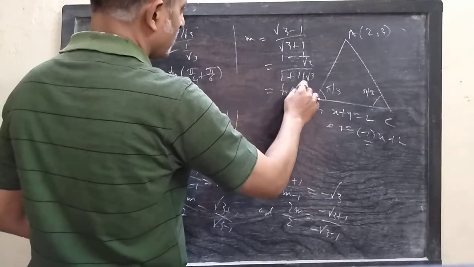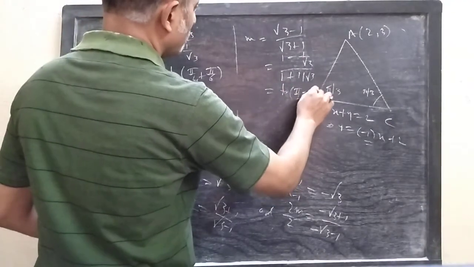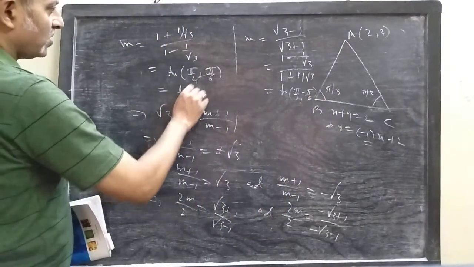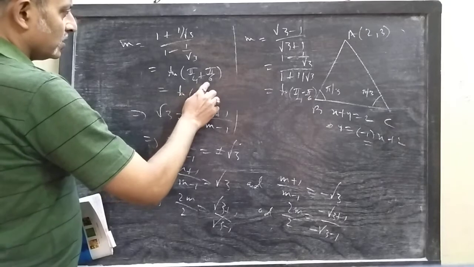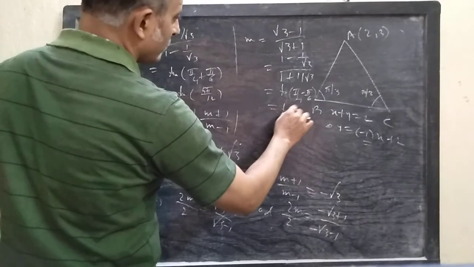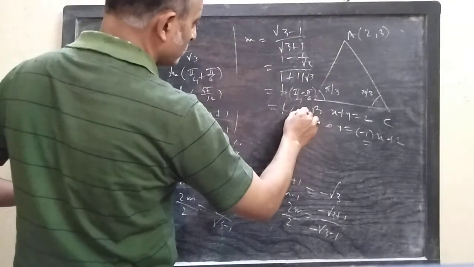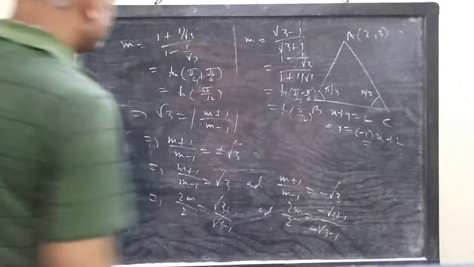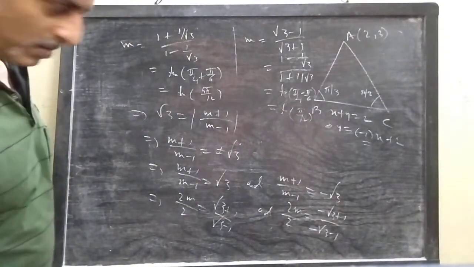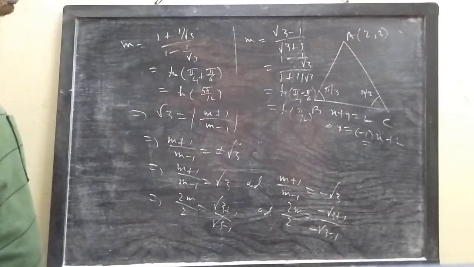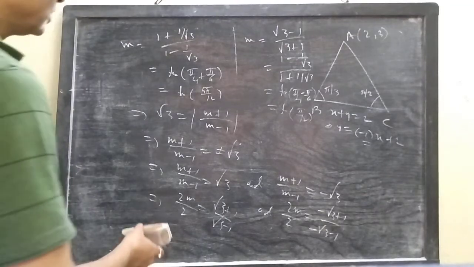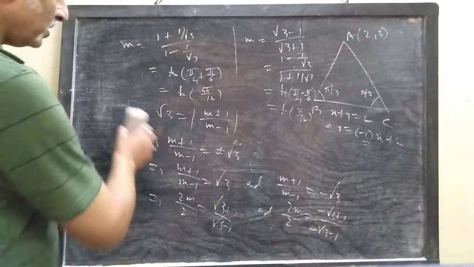This becomes tan of pi by 4 minus pi by 6. So this becomes tan of 5 pi by 12, and this becomes tan of pi by 12. This is not necessary actually.